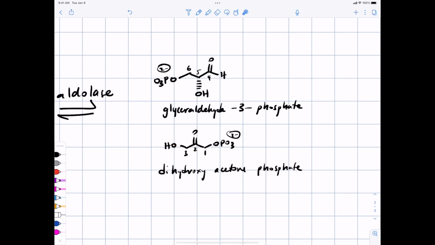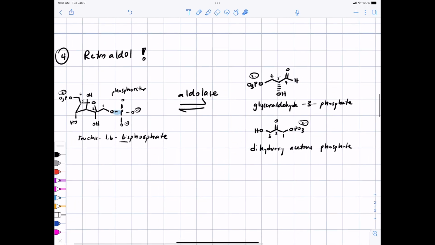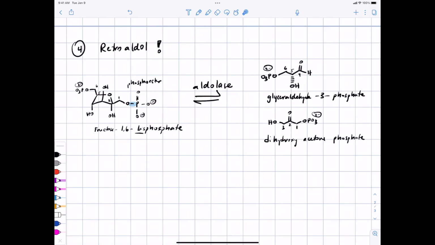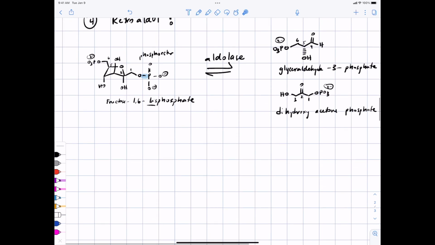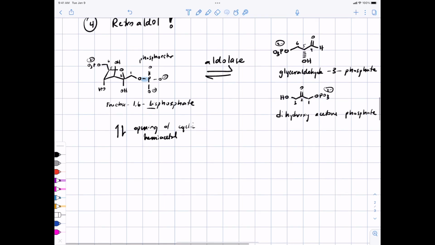We've got a similar situation here. The key is just to recognize that, and I'm not going to show you the opening of a cyclic hemiacetal because I believe you can do that on your own, based on what you've seen so far.